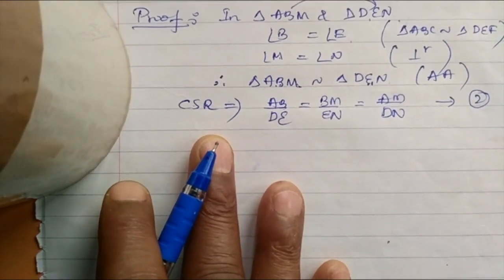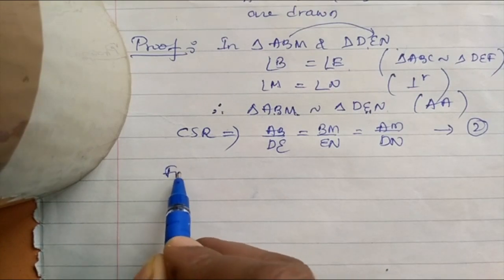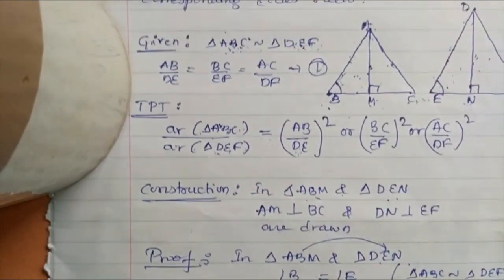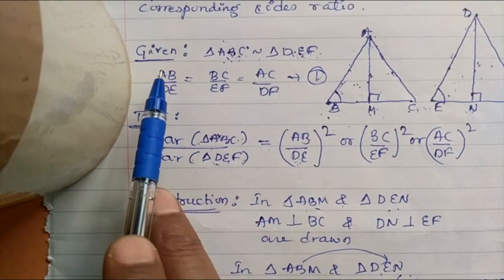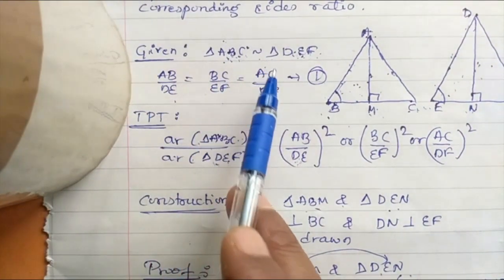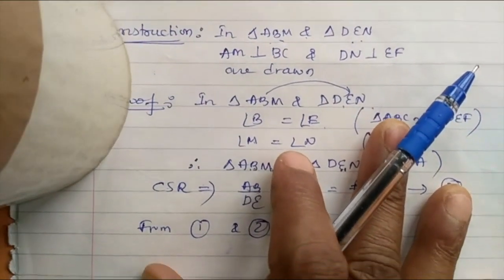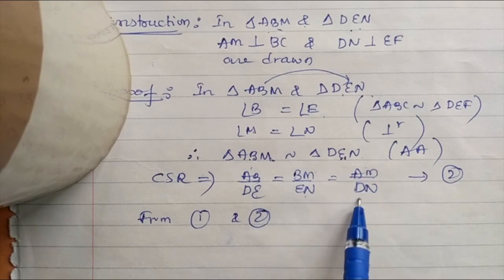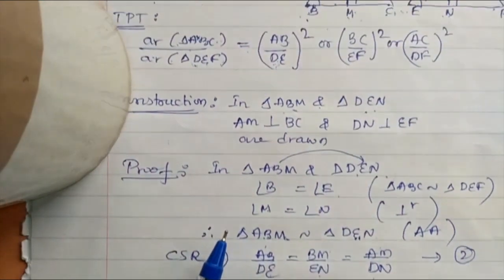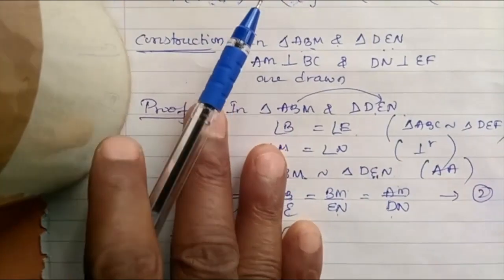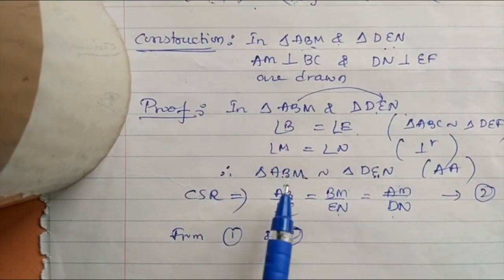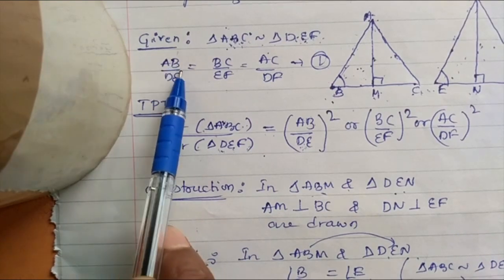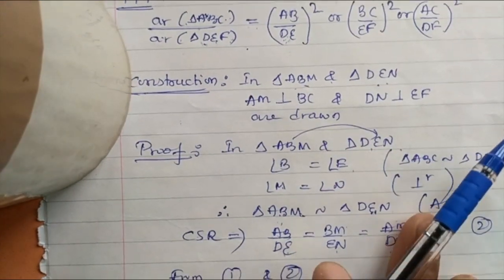Now compare equation 1 and 2. In equation 1, AB by DE, BC by EF, AC by DF. In equation 2, AB by DE, BM by EN, AM by DN. From 1 and 2, AB by DE is common to both equations. Look here, AB by DE, and here also AB by DE.